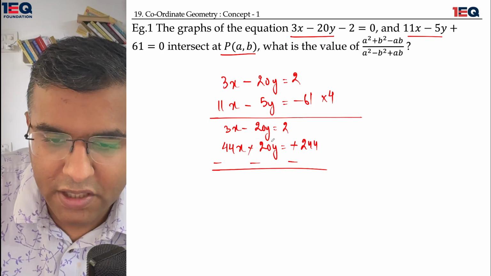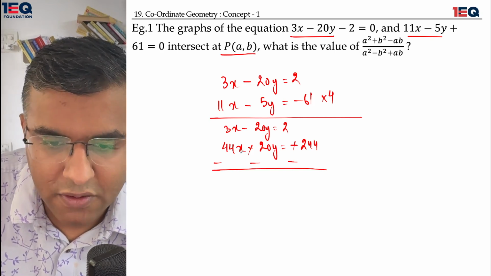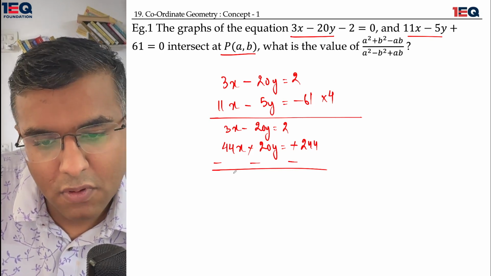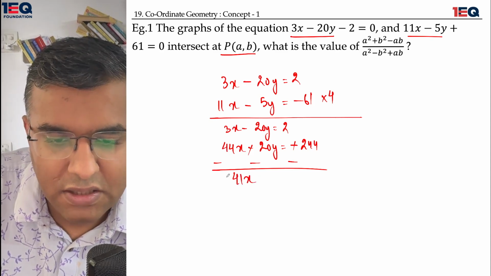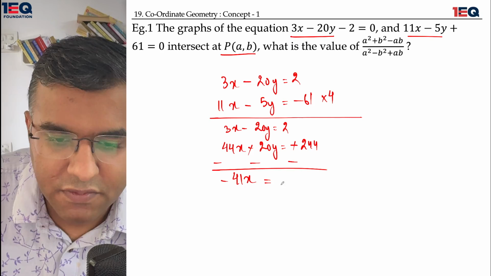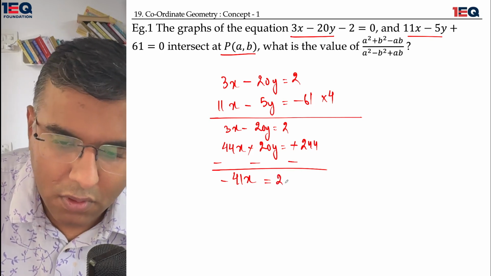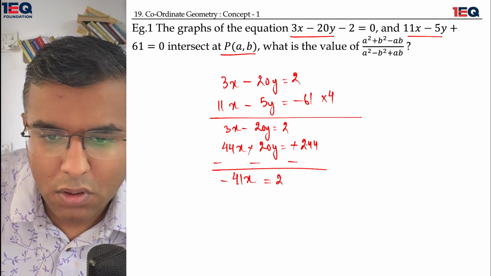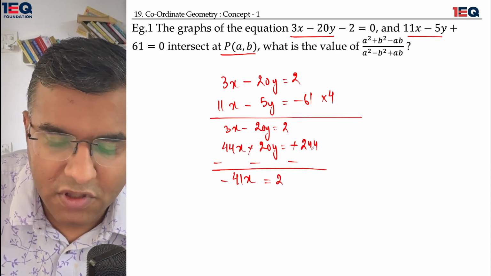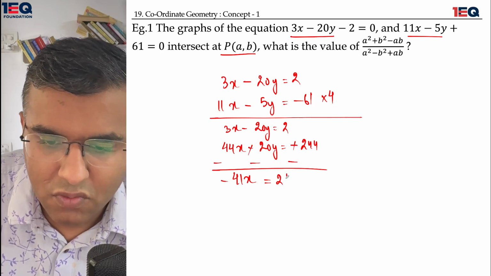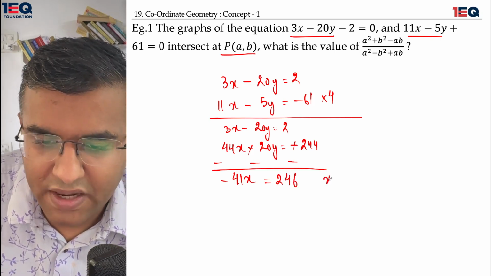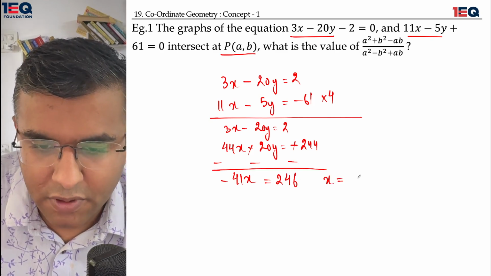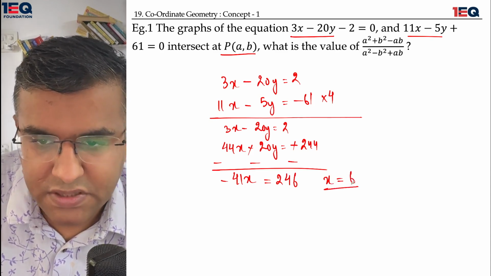It will also create a plus sign here. The value of this would be 41x, and that too of minus, which would be equal to 2. How much would that be? This would become a plus 246. So the value of x that I would get from here would be equal to 6 units.